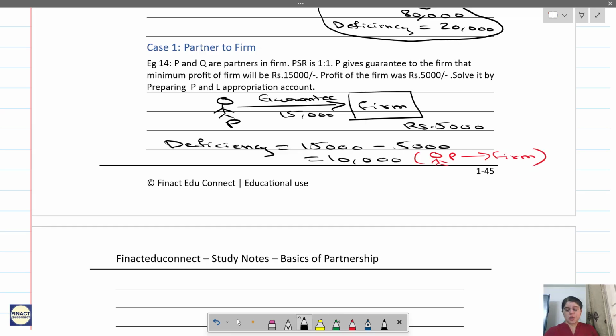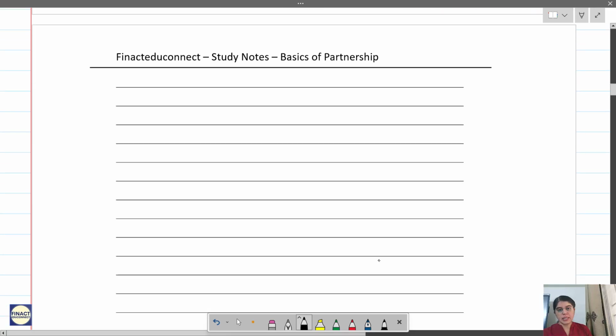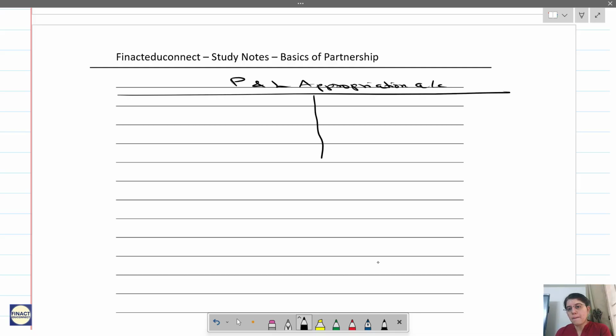So when P is giving it to firm, what are we supposed to do? Let us prepare a profit and loss appropriation account. Prepare a format of profit and loss appropriation account.